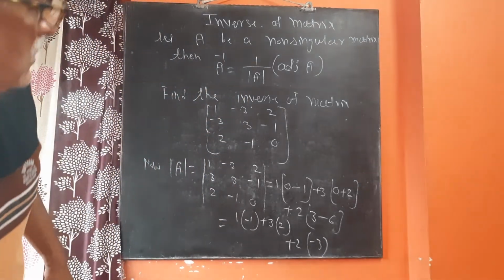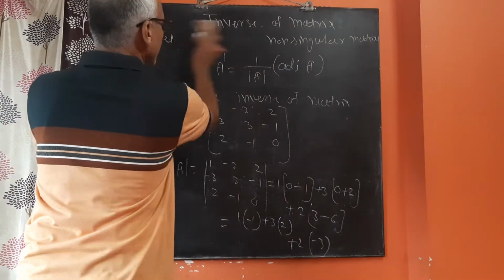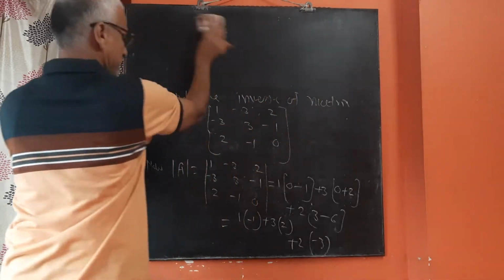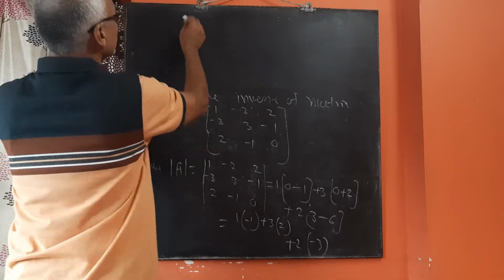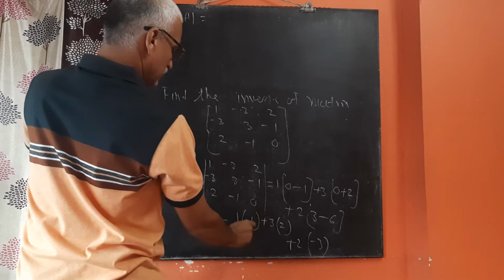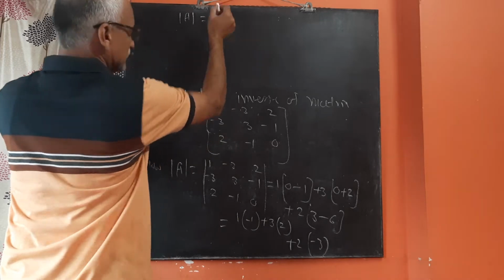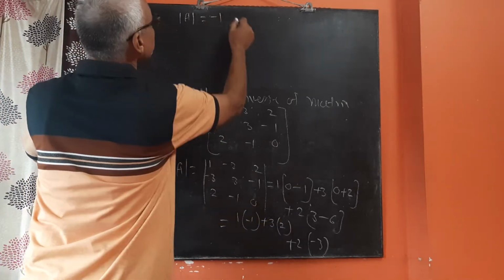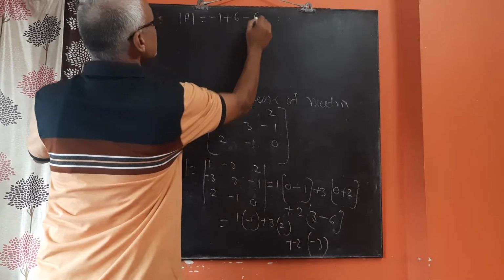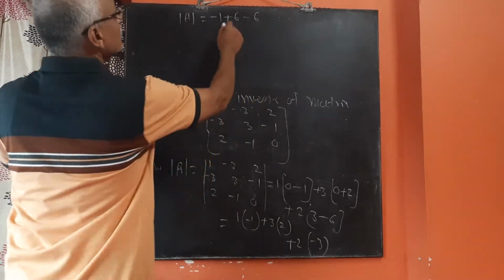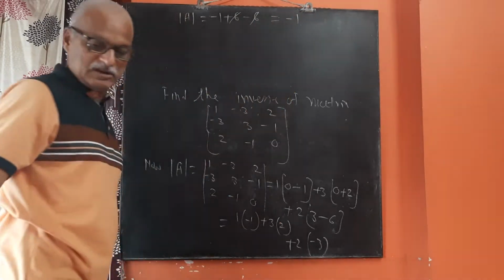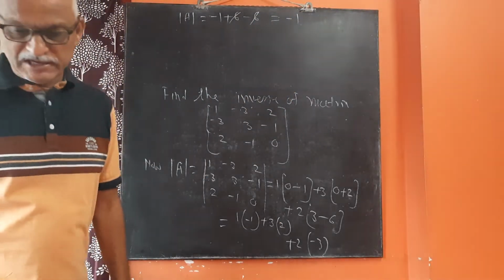So the value of the determinant of A is 1 into minus 1, that means minus 1, 3 into 2, that is plus 6, 2 into minus 3, that is minus 6. So plus 6 minus 6 gets cancelled, and that is equal to minus 1. So determinant of A is equal to minus 1.